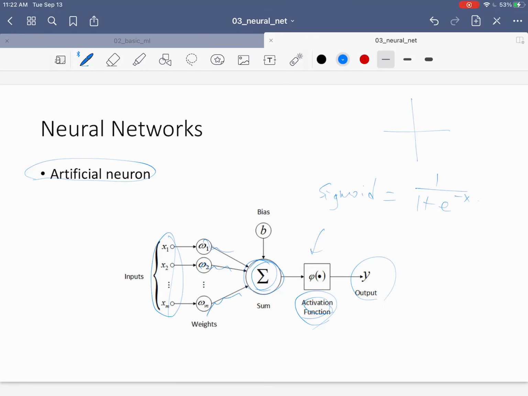We had this, like this, right? So if x equals 0, it'll be 0.5. If x is above 0, then it'll be moving towards 1, which is the upper bound. And if x is smaller than 0, then it'll move towards the lower bound, which is 0, right? So that's the behavior of the sigmoid function.